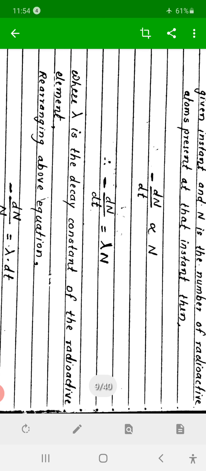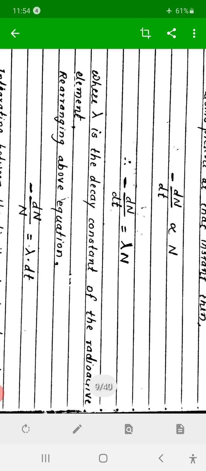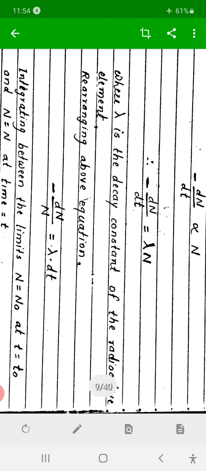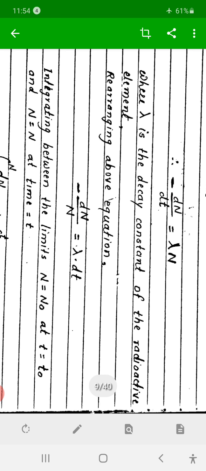At that time, how much of that radioactive element exists is nothing but N. Then, by removing the proportionality sign, we write this as minus dN by dt is equal to lambda into N. Lambda is a constant, known as the decay constant of that radioactive element, which is a characteristic property of the radioactive element.